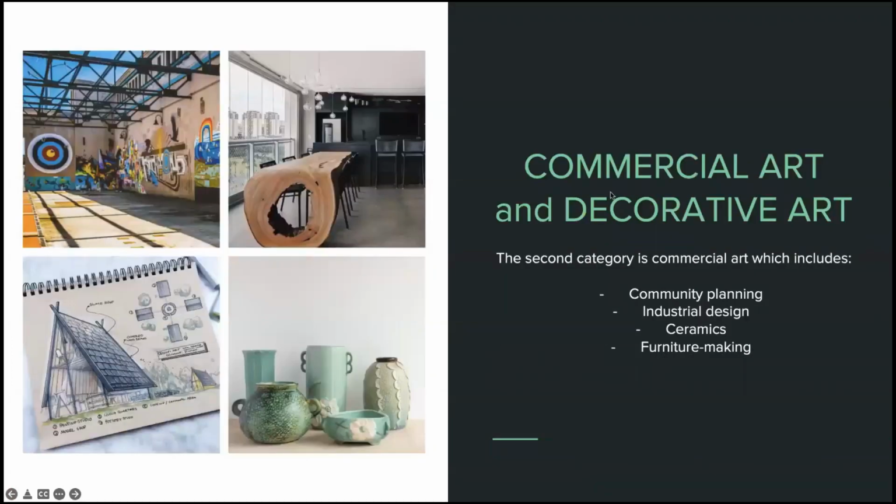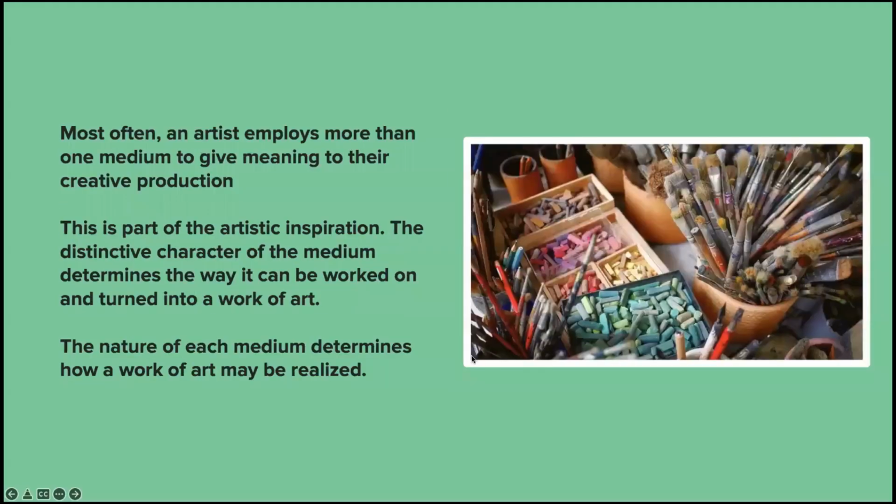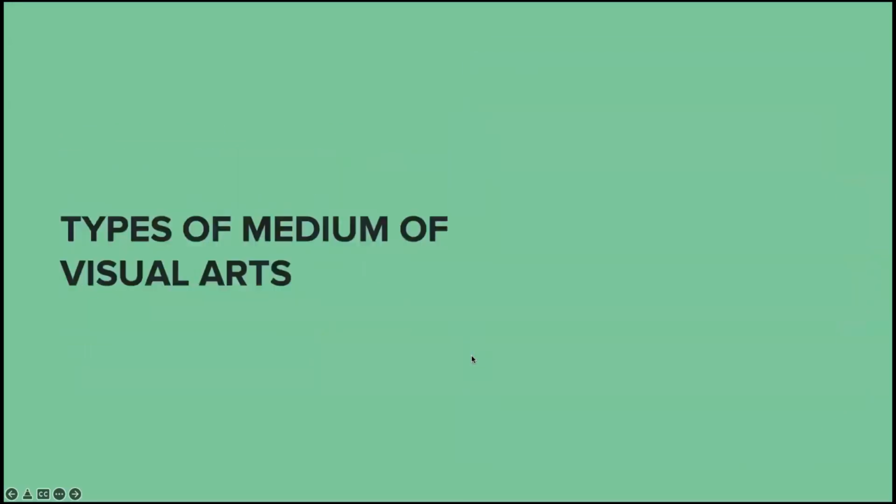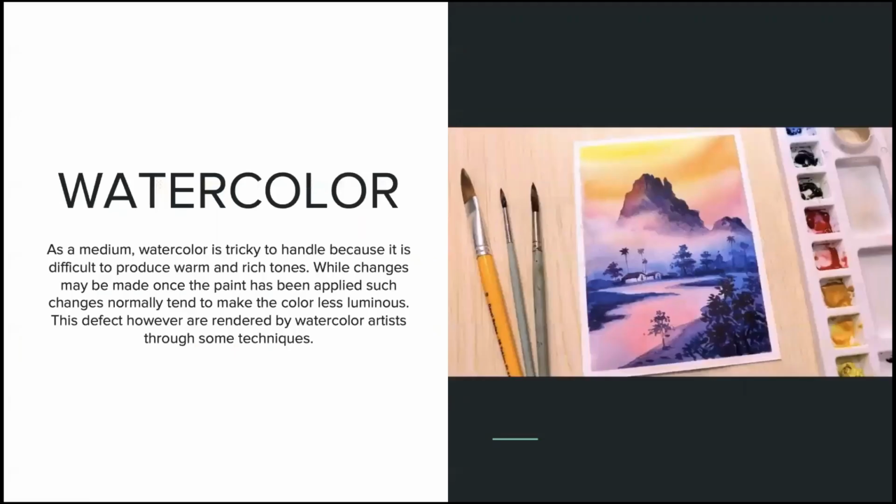And then we also have the commercial decorative art: community planning, industrial design, ceramics, furniture making. So these are the two classes, but this time we'll focus on the medium of visual arts. While discussing this, bear those two classes in mind.